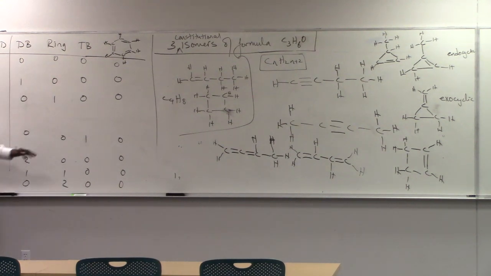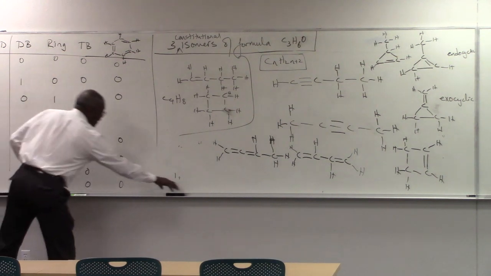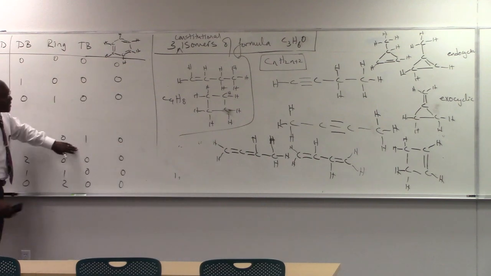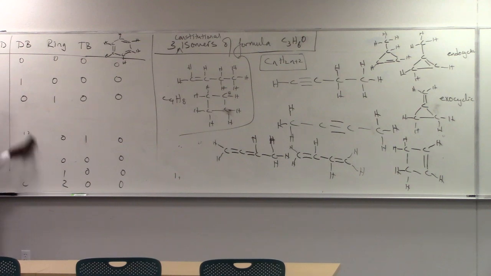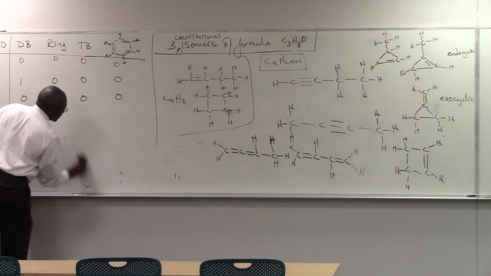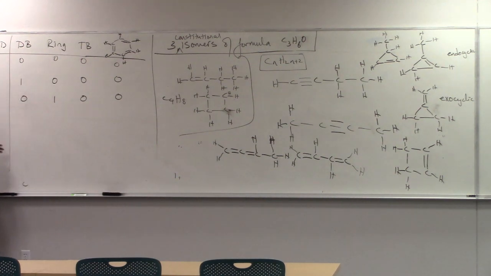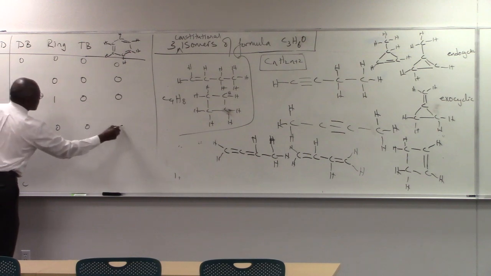Okay? Now, I'm going to rewrite this in a more systematic way. This is perfectly fine, but I like to be systematic. I did these based on what I had on the board, but I prefer them to be systematic, so I will do it this way. If I have 2 HDIs, I'm going to go down the list. I can have 2 double bonds, and then I'm exhausted.